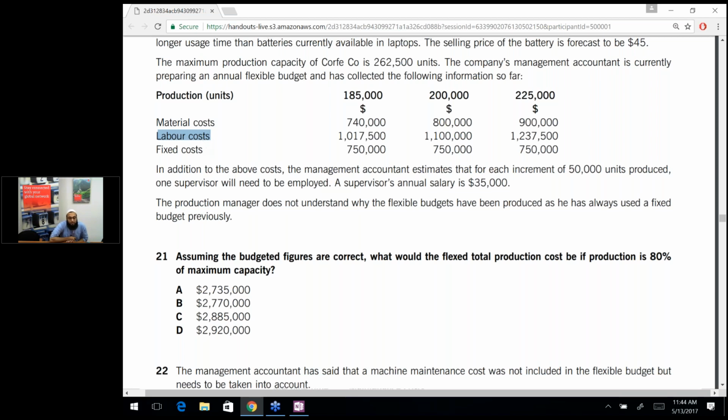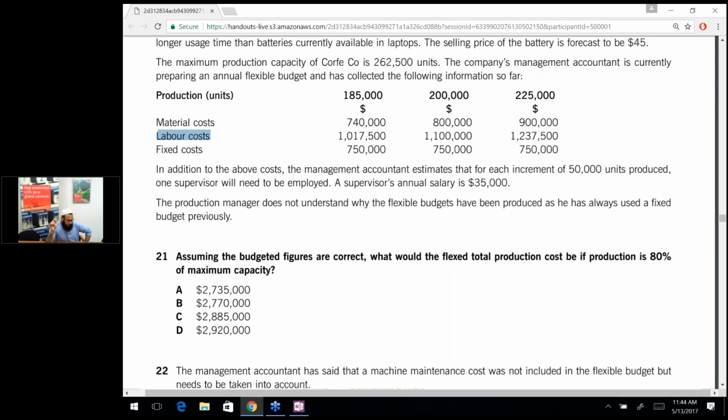Because the cost is a semi-variable cost, and in that case you need to apply the high-low method. So the best way to check it, keep calculators in your hand. I'm just telling you orally.